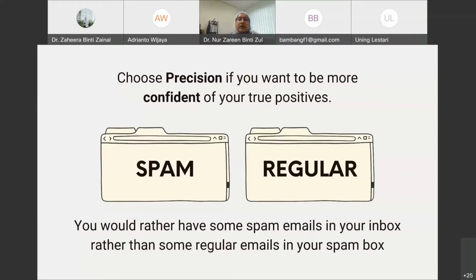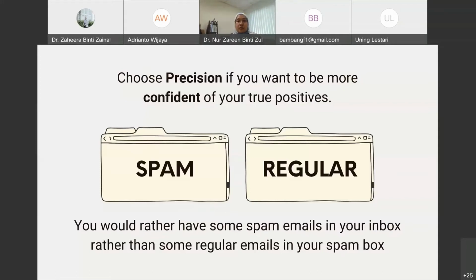Because if you are doing spam filtering and you don't really care about precision, then regular emails can also be considered as spam. You're not so sure, right? So precision is low. So you could think that, okay, maybe this kind of email is a spam.